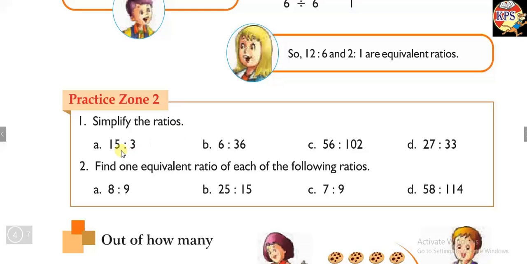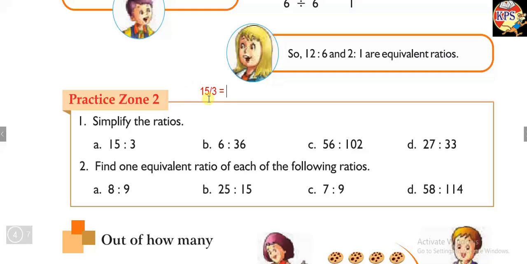Suppose the ratio 15:3 is given. How will you convert it into its lowest form? First we have to write it like 15/3. Here we can cut both numbers: 3 ones are 3 and 3 fives are 15.